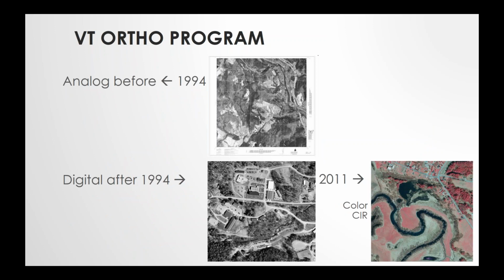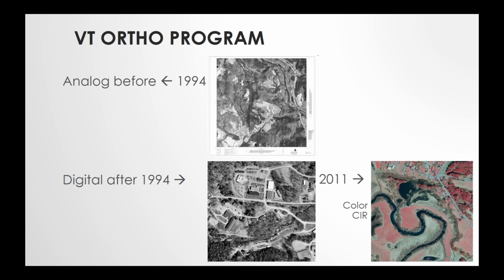So all of the imagery prior to 1994 was collected as analog and is only available in analog form, albeit I'll touch briefly later on efforts to make that information available digitally. Starting in 1994 is when the Ortho program moved to a digital product.